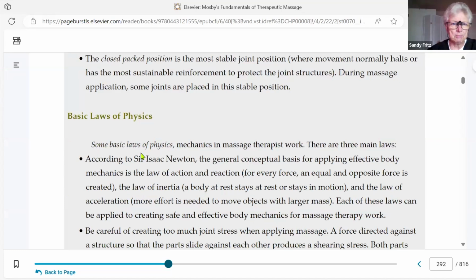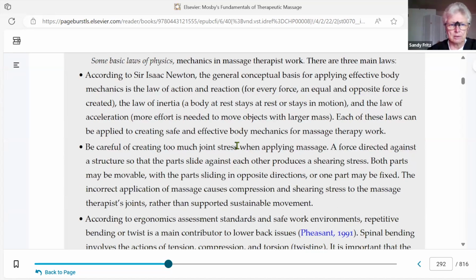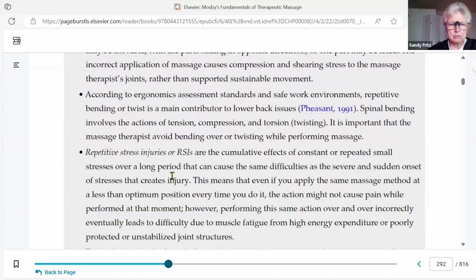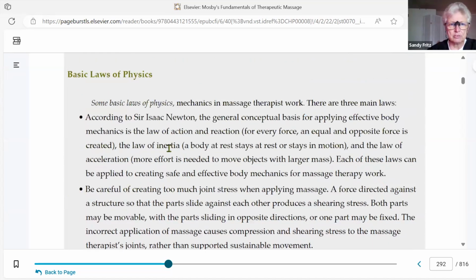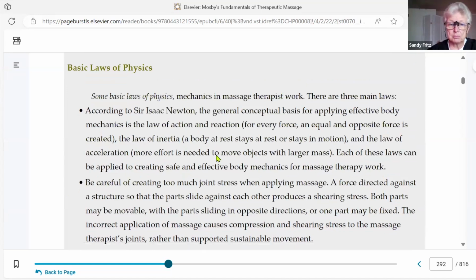So what we're really looking at is physics, and this gives you a little bit of background so that when we're telling you about ground reaction force, for example, you've got a little bit of an understanding of where some of those concepts came from.